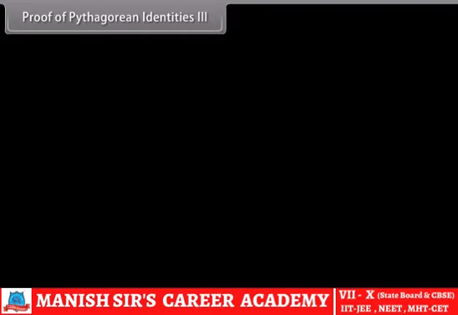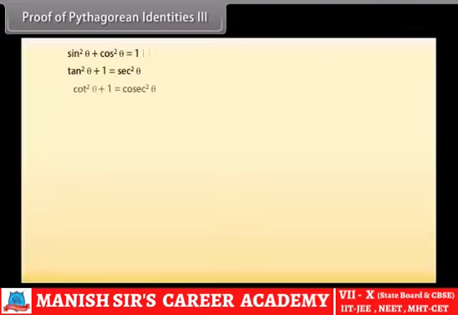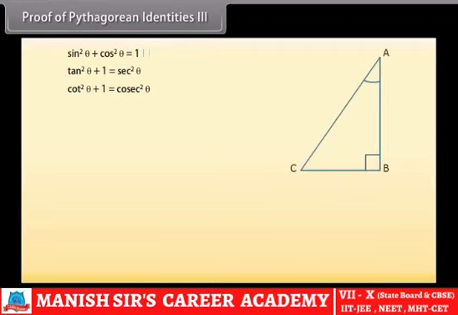Proof of Pythagorean identities 3. The last identity is cot square theta plus 1 is equal to cosec square theta. To prove this, we will again take a right triangle ABC. So, by Pythagoras theorem, AB square plus BC square is equal to AC square.